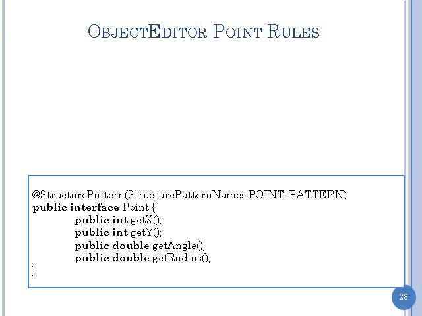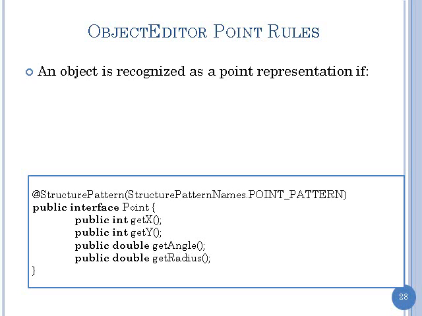It's much better to tell it, okay, I'm not only following the bean pattern, but I'm also following the point pattern. So I am following the bean pattern, I'm going to do properties, but these properties are going to follow a higher level pattern, which is the point pattern. And when you do that, it'll look for X and Y properties.